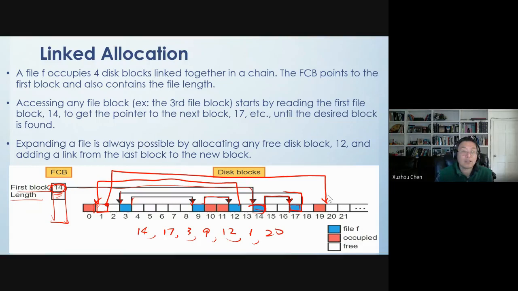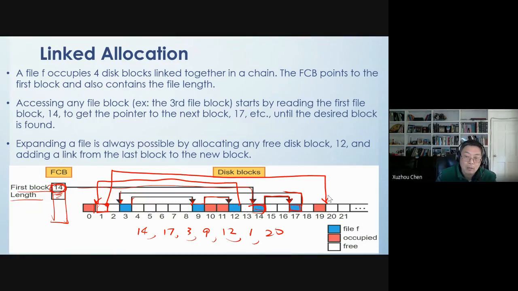Now the disadvantage is, there's a lot of disadvantage of this. Okay, the disadvantage is, it's not really efficient. When you search for a particular data in a particular block, it's not really efficient, because you have to start from the very beginning.